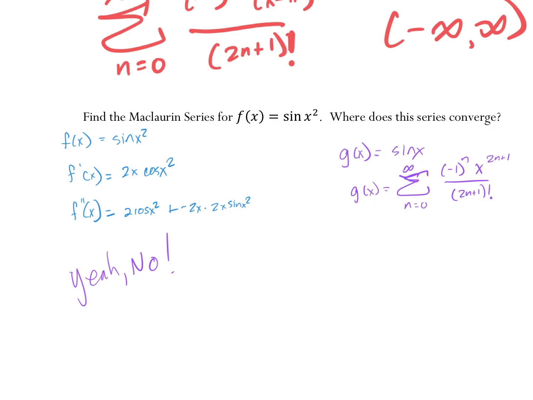And this f of x is really g of x squared, right? And if I'm finding g of x squared, what I do is I replace all the x's with an x squared, right? So couldn't I just call this done?